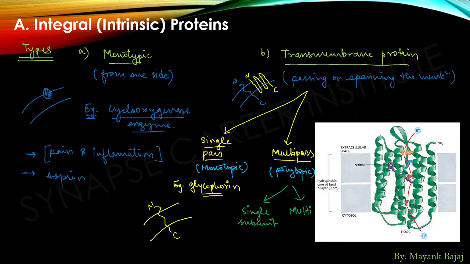Single subunit means the protein is made of only one subunit, whereas multi subunit means there is more than one subunit present inside the main structure of the protein. So we have single subunit and then multi subunit proteins, right? The example for single subunit is bacteriorhodopsin. That means it is made of only one polypeptide. Single polypeptide is there, right? The example is bacteriorhodopsin.